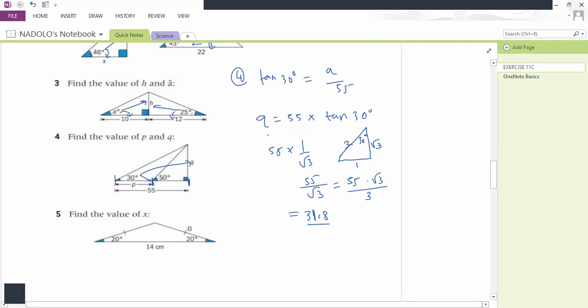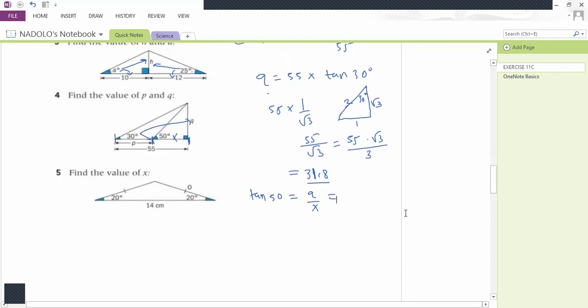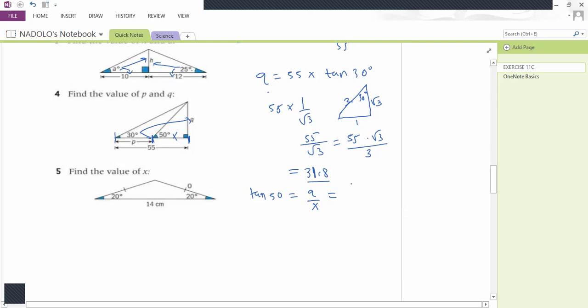And we can say let this distance be x. So if you have opposite of 50 and adjacent, we can say the tangent of 50 will be given by opposite over adjacent. And we remember the exact value of Q was 55 times tan 30 degrees.